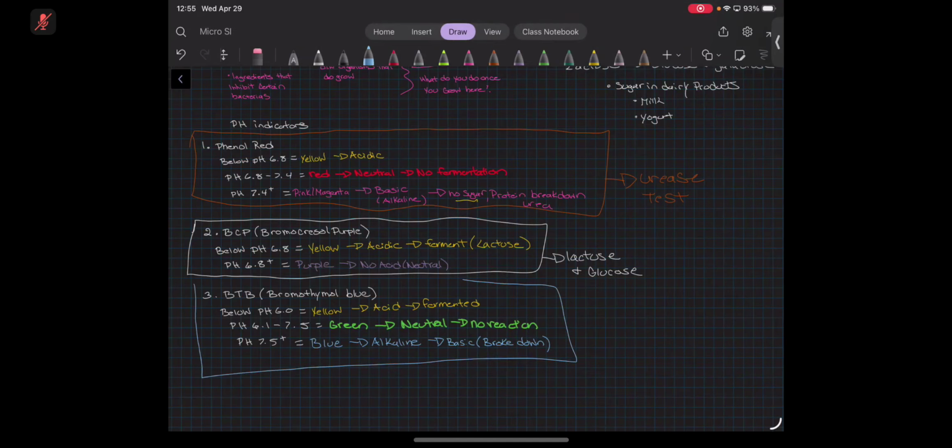And then this one, which one do you guys think it is? Citrate. So what does citrate break down?